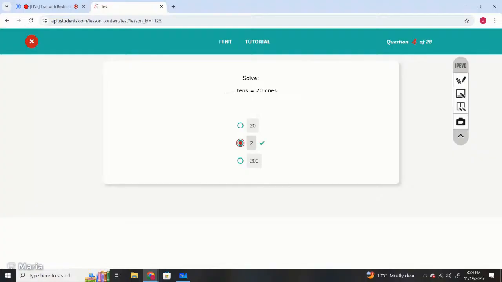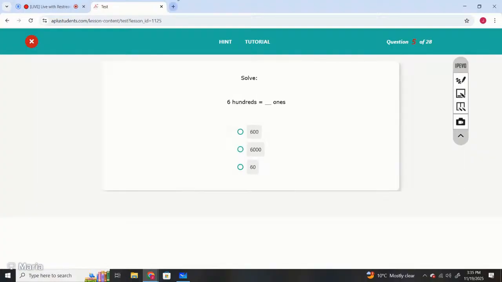The correct option is 2 tens. 600 equals how many ones?